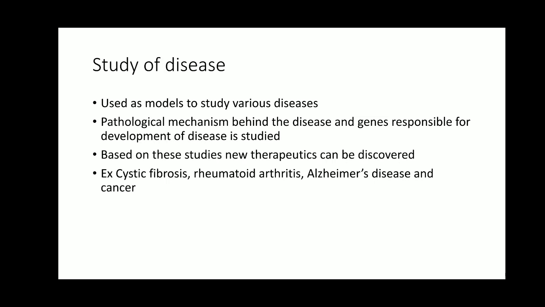So in cystic fibrosis, how is cystic fibrosis caused? If there is a mutation in the particular gene known as the cystic fibrosis transmembrane conductance regulator gene, that is CFTR. Students, in cystic fibrosis, there is a gene known as CFTR. If this gene is mutated, then it will cause the disease condition known as cystic fibrosis.